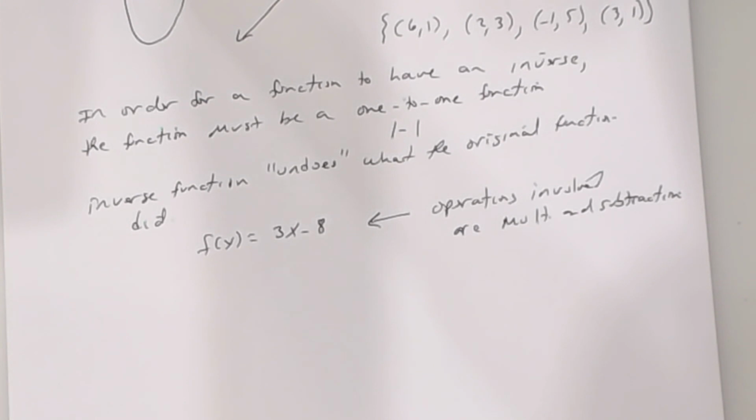So if this function multiplies the value of x by 3 and then subtracts 8, then the inverse function has to undo it. So what operations will be involved there? Division and addition. Good.